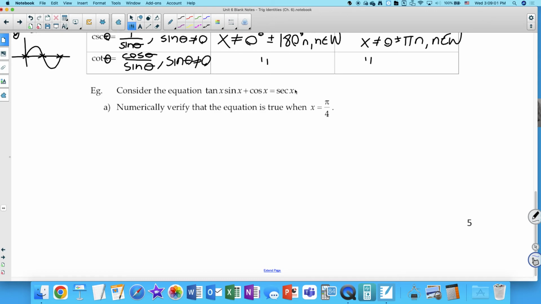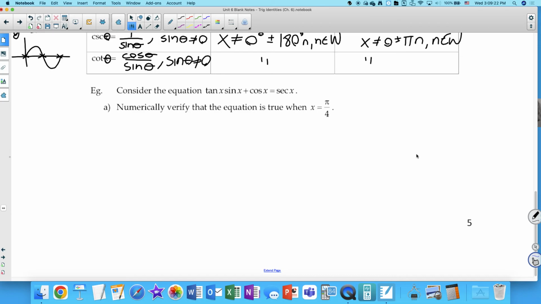Next, another verification. The verifications are usually: you plug it in, you evaluate each side. You do have to simplify, and you have to simplify exact values, so that can become a little tricky, but usually pretty straightforward. So here we are numerically verifying that this is true when x equals pi over 4.